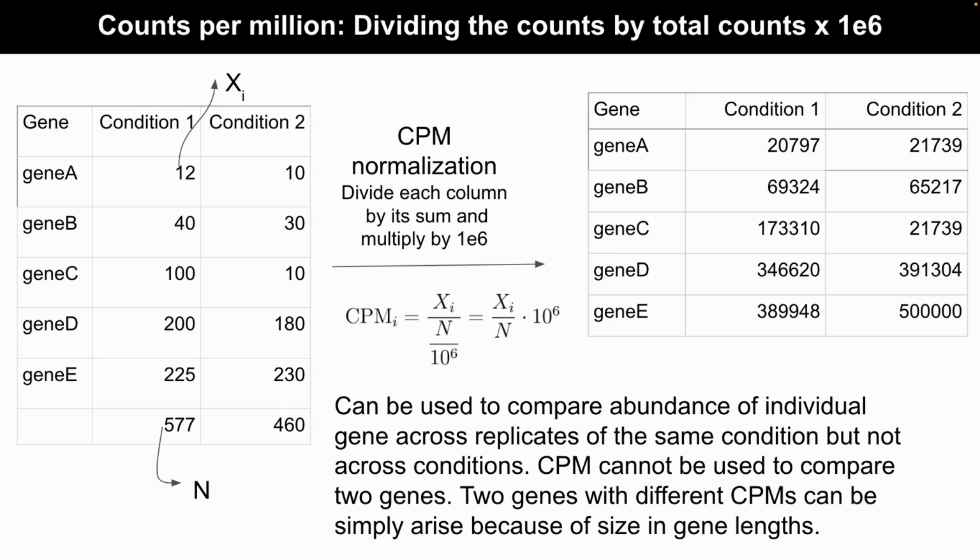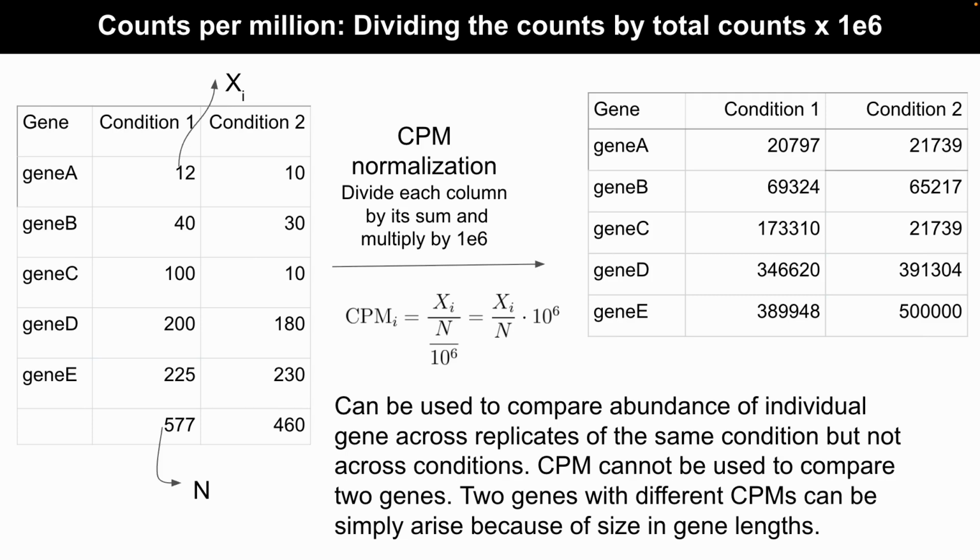Okay, so one of the simplest ways to do this is what you suggested originally, which is to compare the counts. What I could do is sum them up and divide each of these numbers by that full total count, right? So this sums to 577, this sums to 460. I can divide it, and since this number is going to be very, very small, you multiply it by a large factor, usually 1 million or 10 to the power 6.